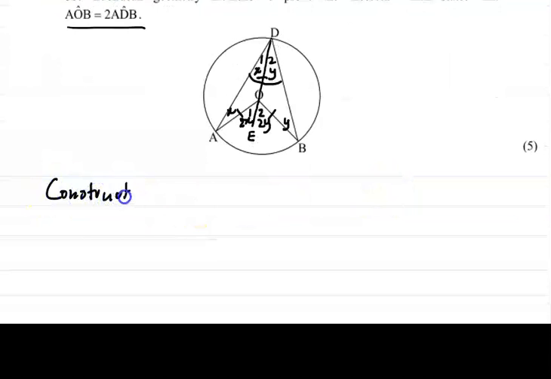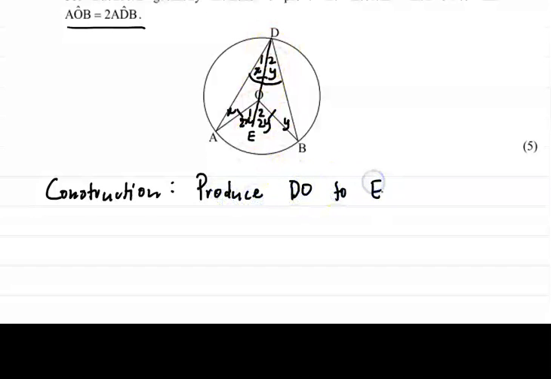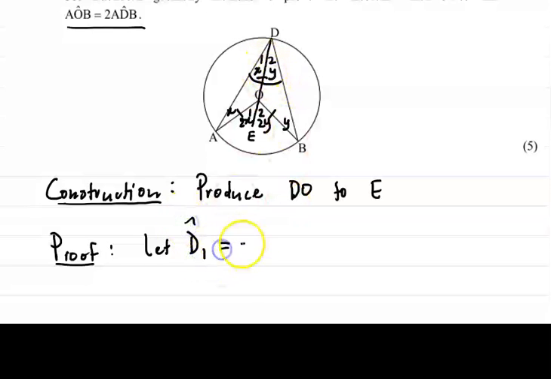Our construction was produce DO to E. In our proof, the first thing that we did was we let D1 equal X. And we let D2 equal Y. Then the first reason that we used was that OD equals OA equals OB, radii.